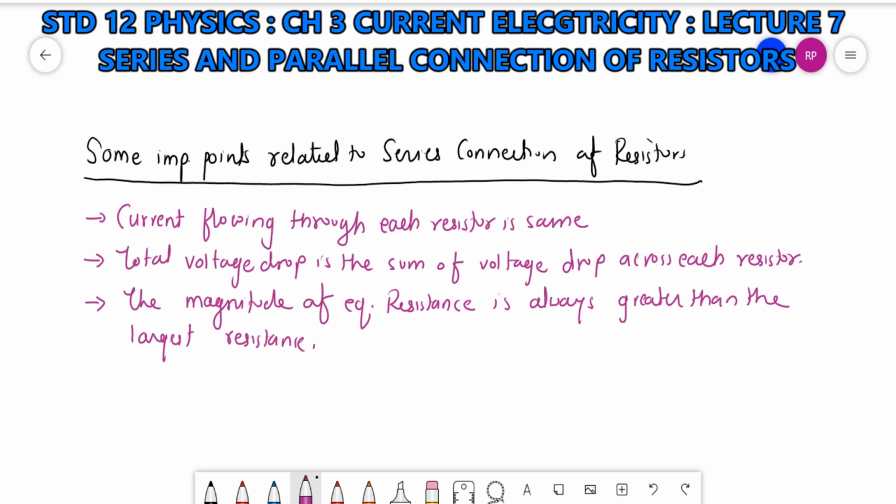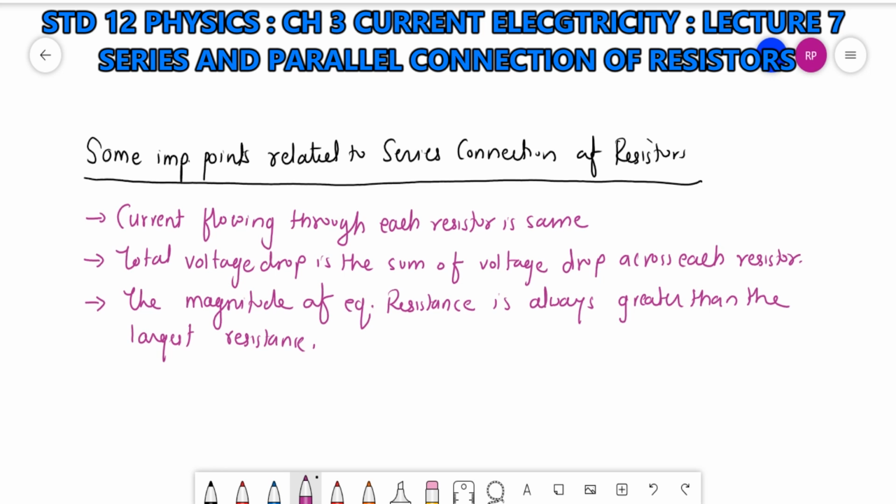Remember, the current flowing through each resistor is same in series connection. The total voltage drop is the sum of voltage drop across each resistor, and the equivalent resistance is always greater than the largest resistance. Okay, clear?